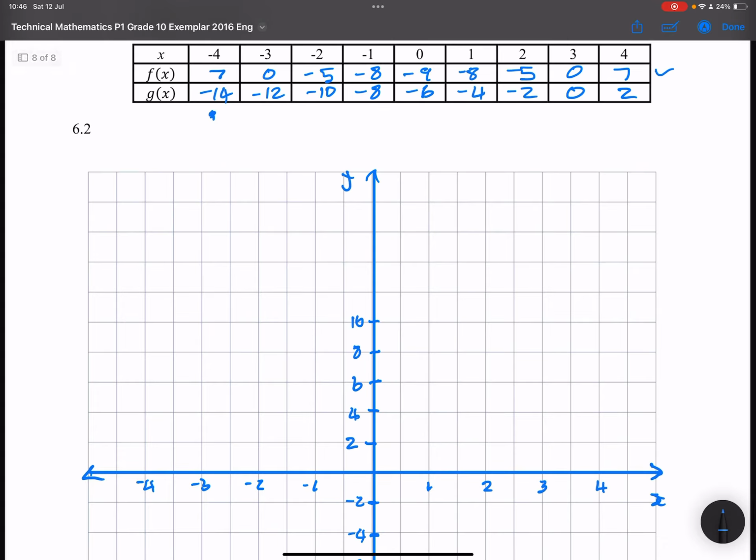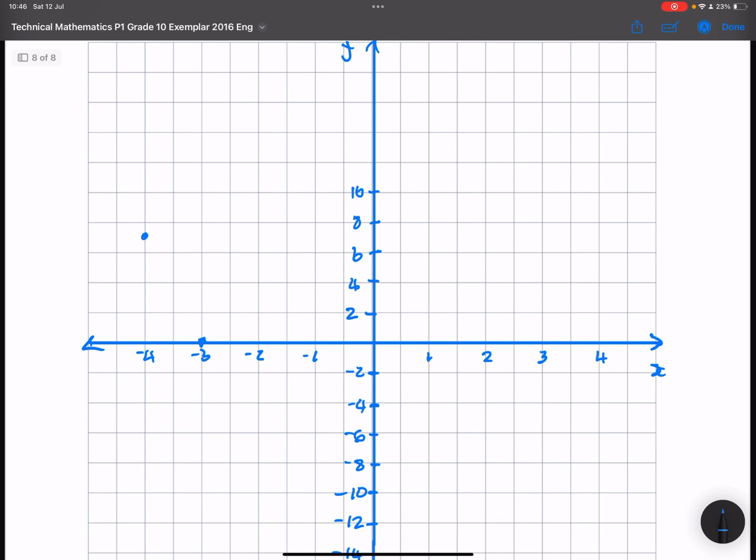Right, so my graph at 0 is negative 9. In fact, let's start with negative 4. At negative 4, we've got a 7. At negative 3, we've got a 0. At negative 2, we have a negative 5.